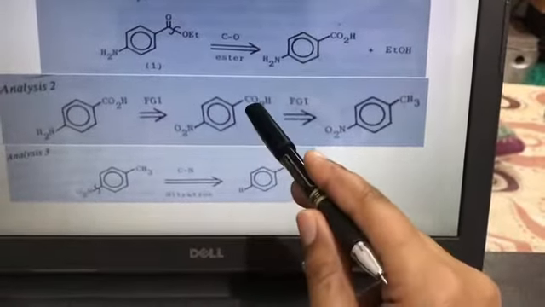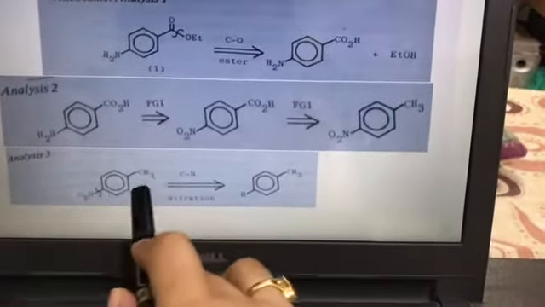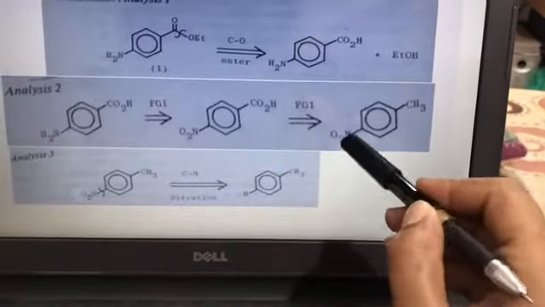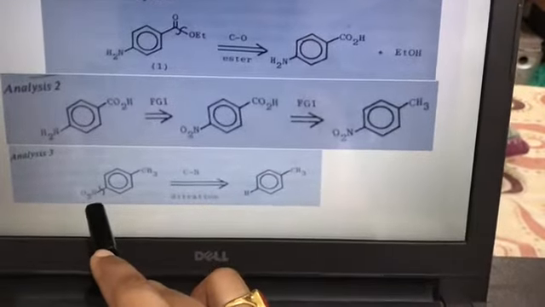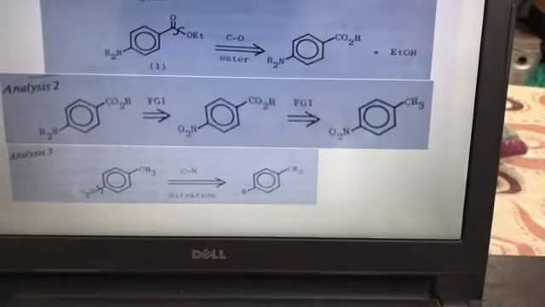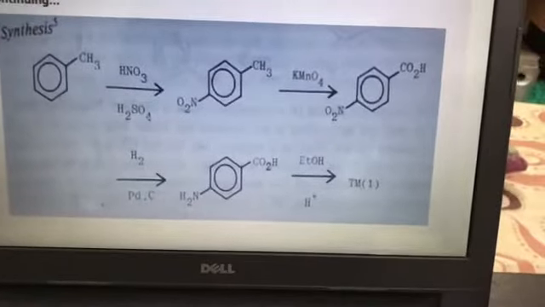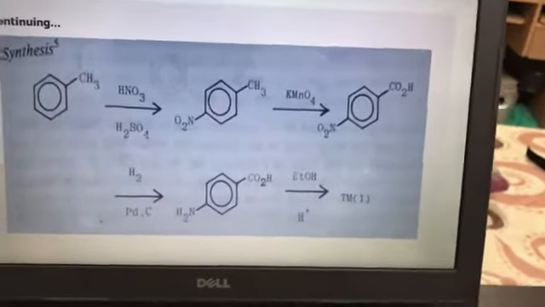So we use FGI here and convert it into a methyl group. Now in between methyl and nitro we can remove this to give us toluene. We have taken such an example in simple disconnection too.